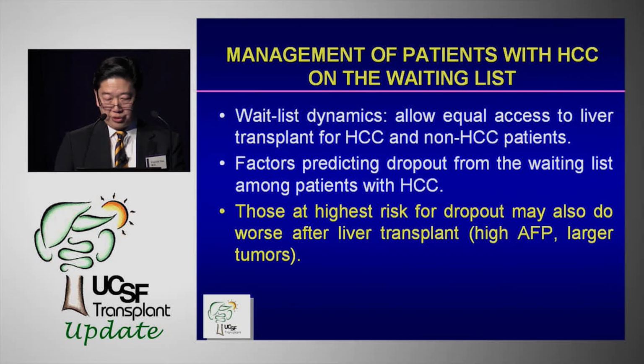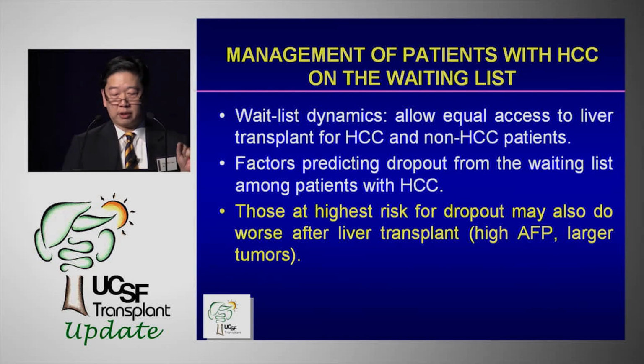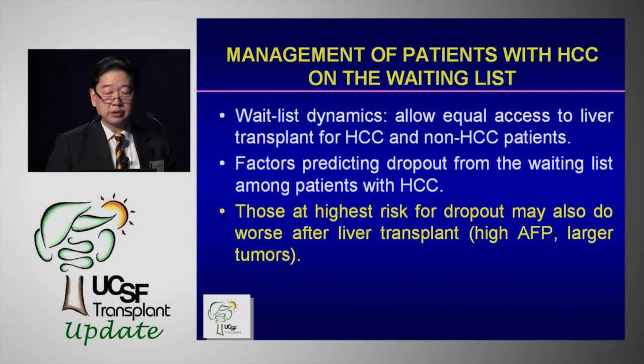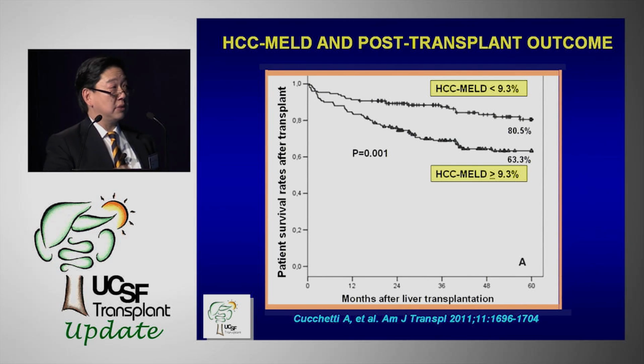However, I'm worried that if you give higher priority to those patients, you're transplanting patients with a higher risk of tumor recurrence as well. So it's kind of a rock and a hard place. It's a two-edged sword. In fact, other studies have proven this point.